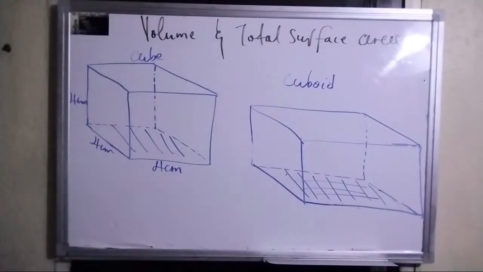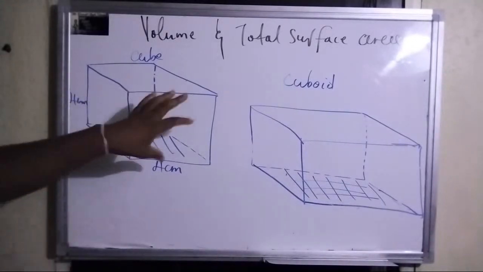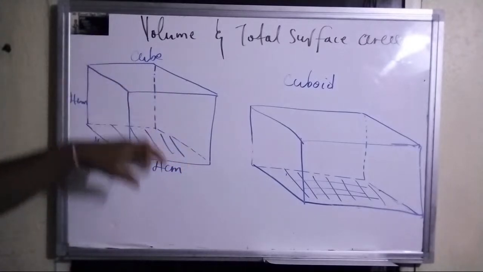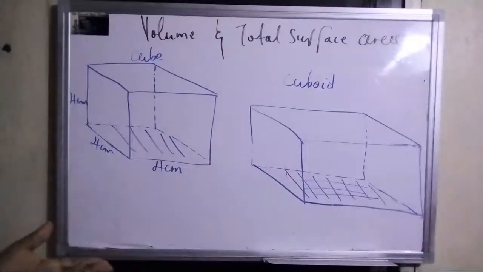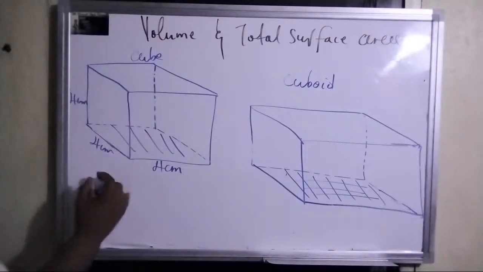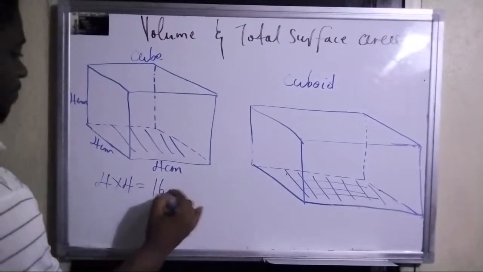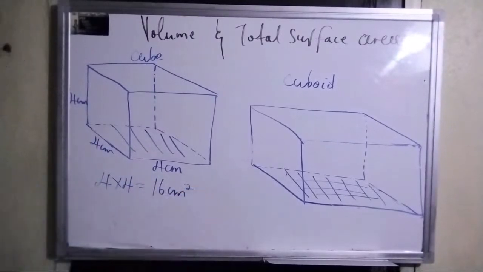So all we have to do, think about it. We have 6 equal sides and we want to find the area for all 6. So all we need is what? Find the area for 1. So it would be 4 times 4, which is equal to 16. But because there are 6 equal sides, we multiply it by 6.